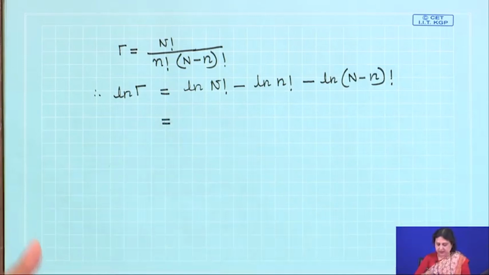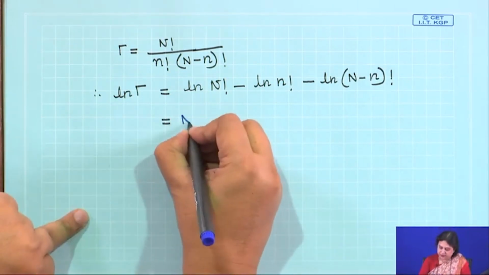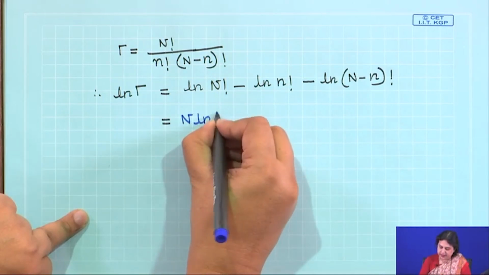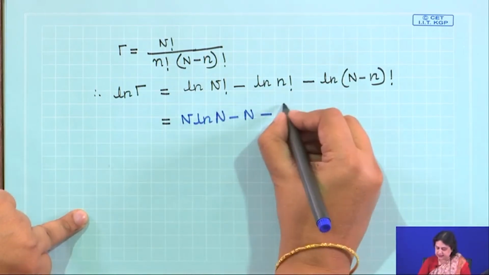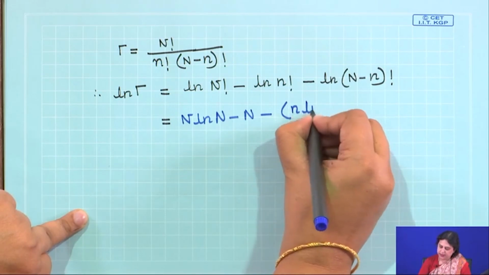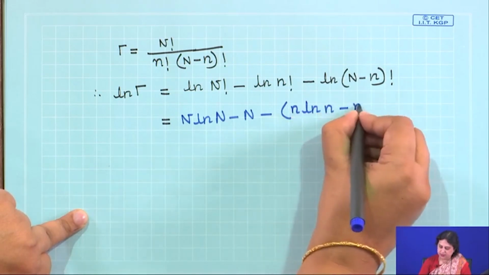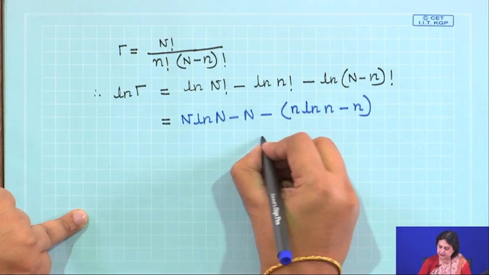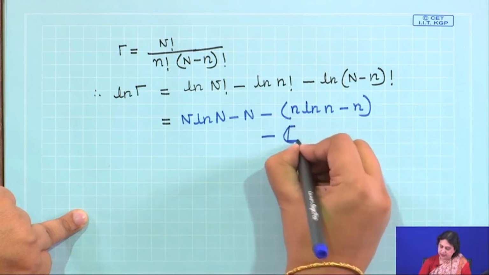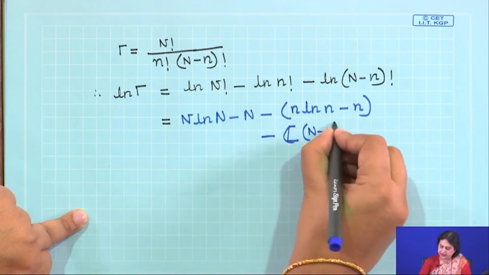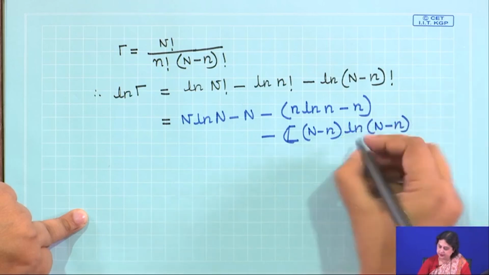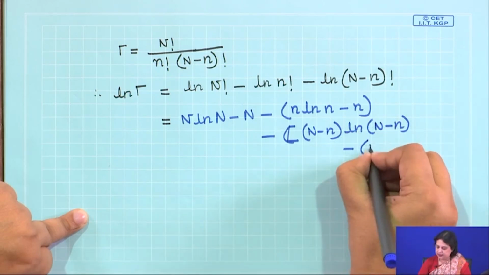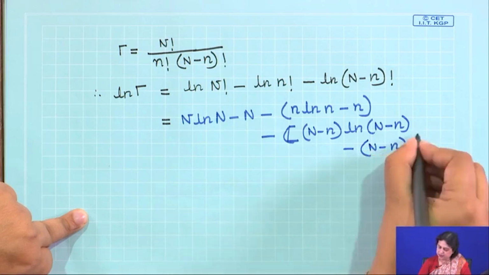If I use the Stirling approximation, what I find is the first term turns out to be N ln N minus N, minus this term, which is small n ln n minus small n, and then this term turns out to be capital N minus n ln capital N minus n, minus capital N minus small n.